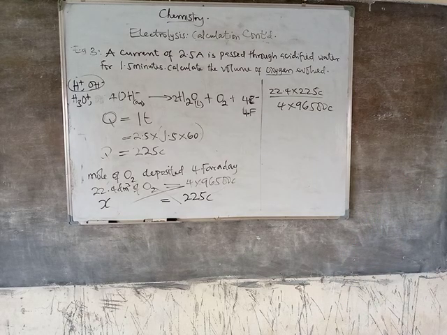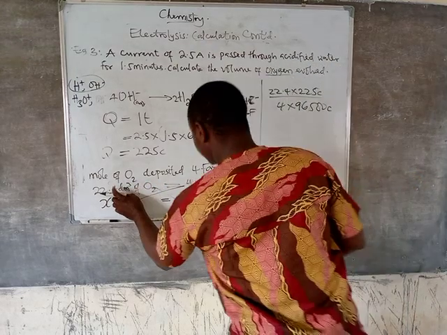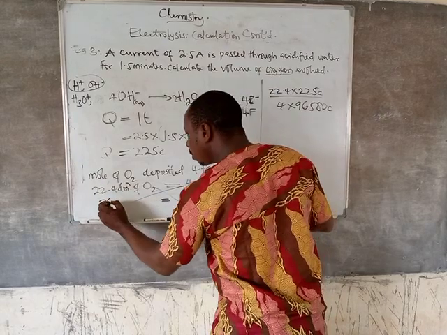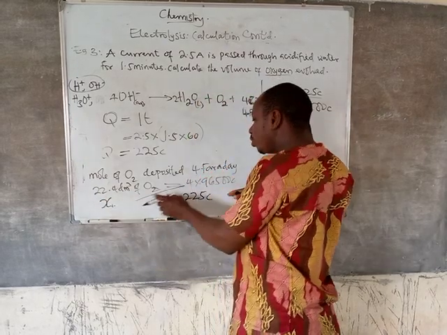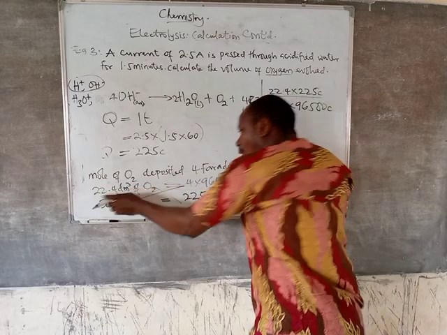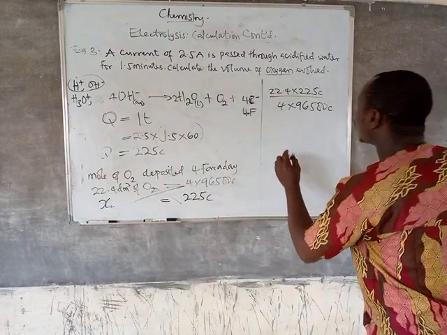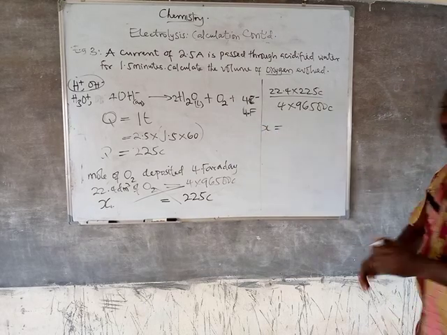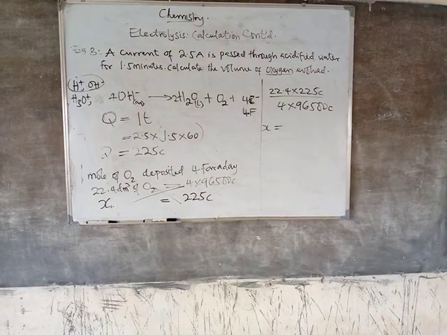That is the little proportion we have done. Remember, this X volume of oxygen is deposited by this. So what will be X? X is simply equal to this. Now let's do the simple calculation on our calculator.